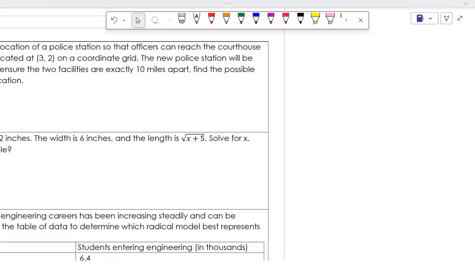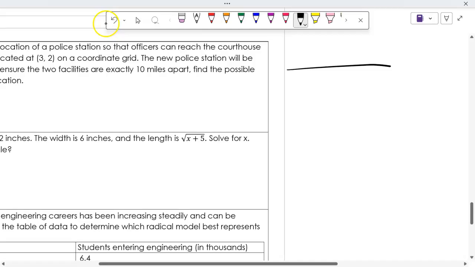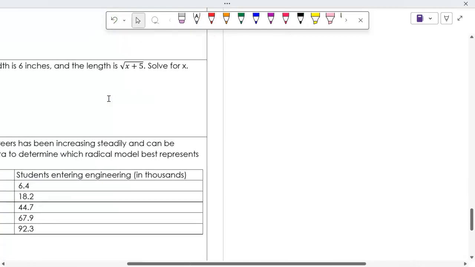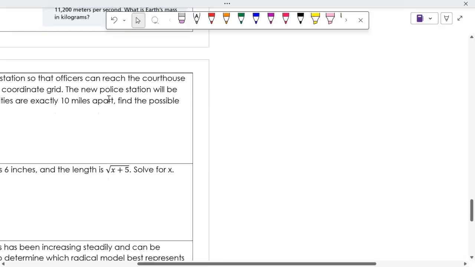So in other words, what we're looking at right here is a grid. If we were to go ahead and draw this here, we'd be at 3, 2 right here, which is what they are saying is the courthouse. And then the police station is at x equals -1.